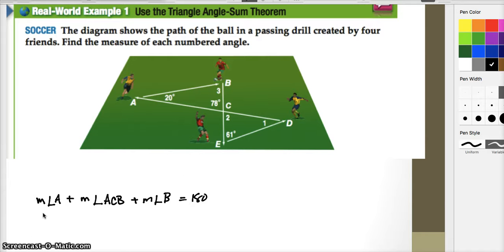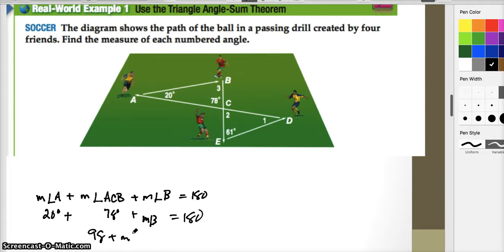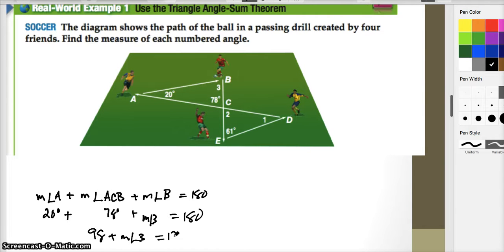So what I'll do is simply replace them with the numerical values that are given. This is 20 degrees, 78 degrees. And this is angle 3, which is what we're looking for. So the measure of angle 3 is equal to 180. So we got 20 plus 78 is going to give me 98, plus the measure of angle 3 is going to give me 180.